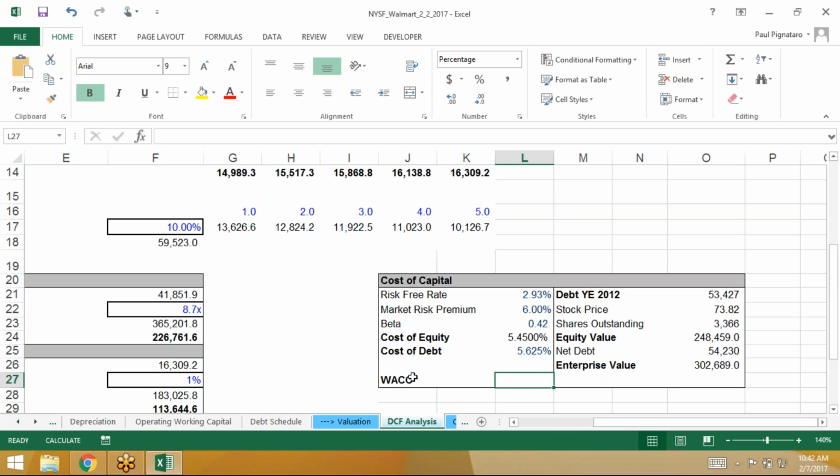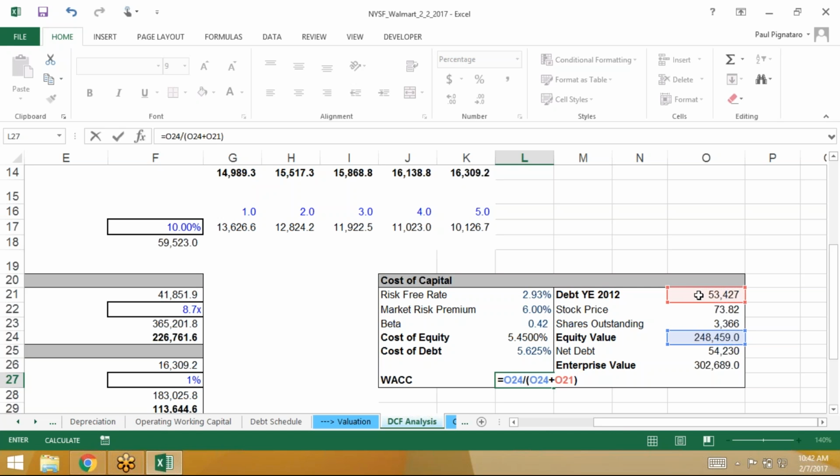So, weighted average cost of capital, big formula. We're weighting capital structure. So equity, which we did here, equity value, divided by the sum of the debt and equity, not net debt, total outstanding debt. So it's the sum of the equity plus the debt outstanding.